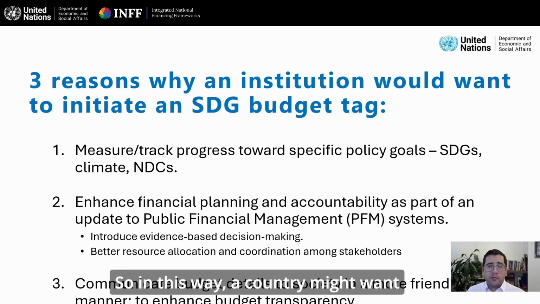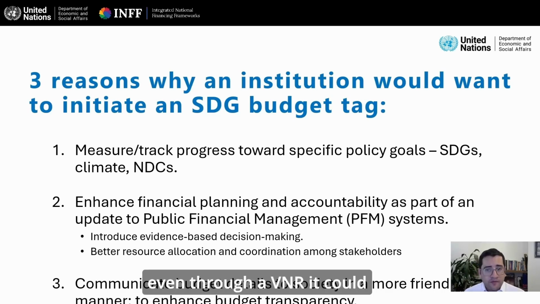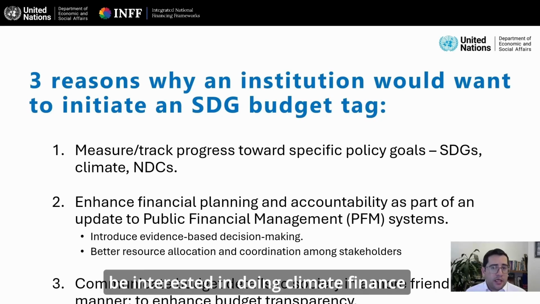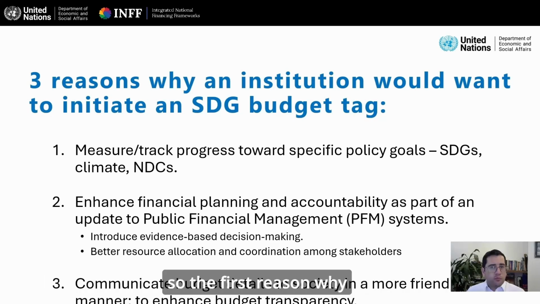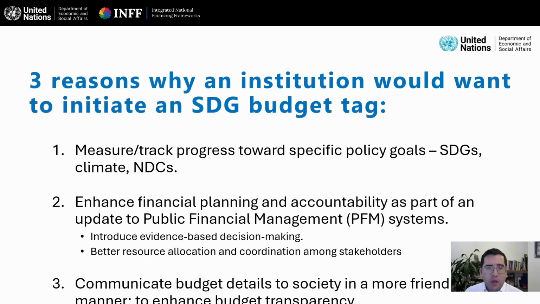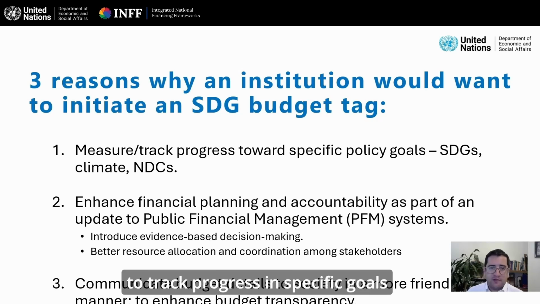So in this way, a country might want to track progress on SDGs, even through a VNR. It could be interested in understanding climate financing or gender financing. So the first reason why an institution or an individual would want to do an SDG budget tag is to track progress on specific goals.